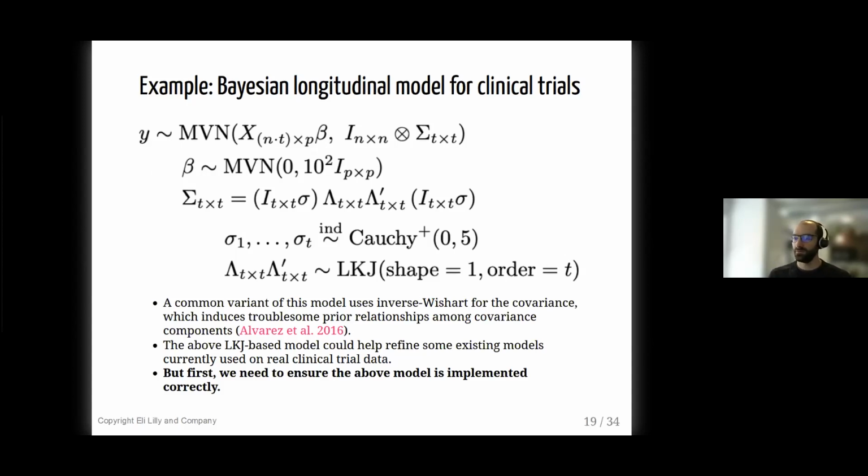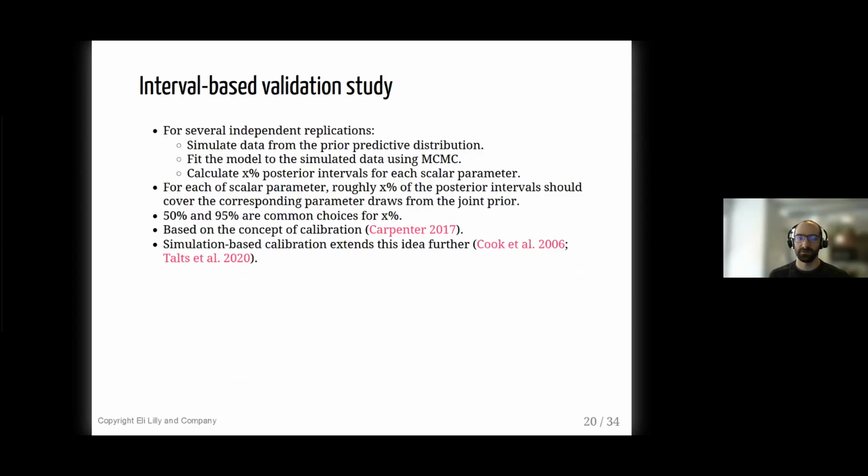And the way we do that a lot is with the idea of calibration. So what I'm going to present as this Stantargets workflow is we're going to simulate data from the prior predictive distribution. We're going to do that thousands of times, and we're going to fit the model to each data set using HMC.